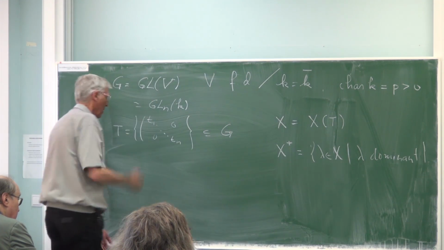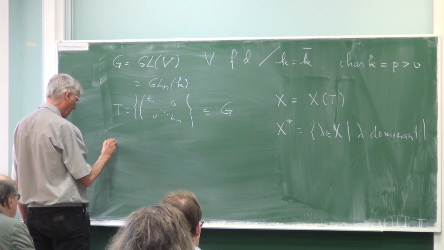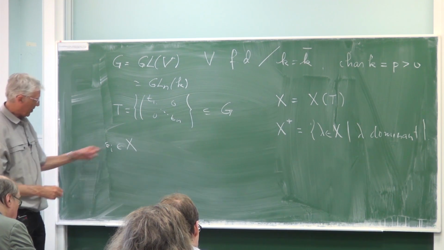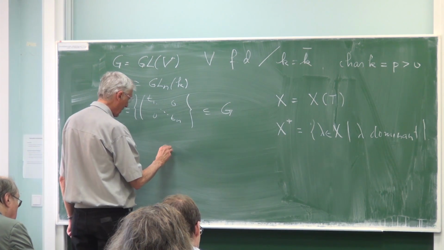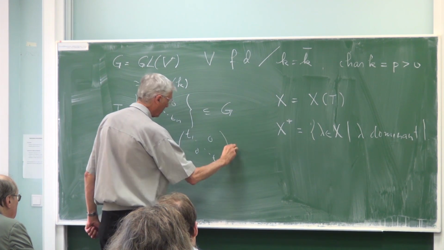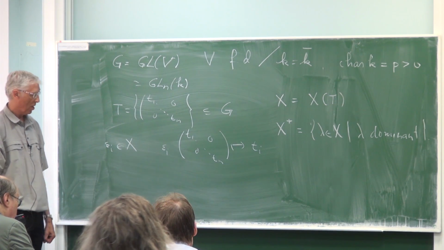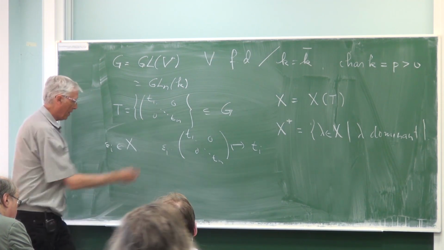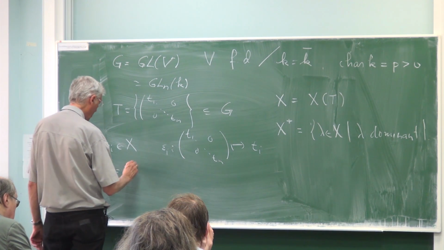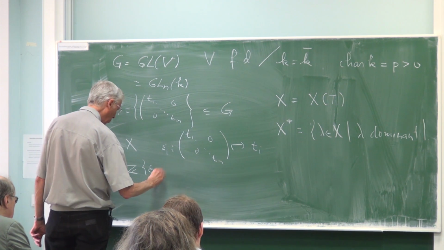So in this particular case, one of the important characters, elements of X, is epsilon_i, where epsilon_i takes such an element in capital T into its i-th diagonal entry. So this is what I'll call epsilon_i, and then in fact X is just the span of epsilon_1 up to epsilon_n.